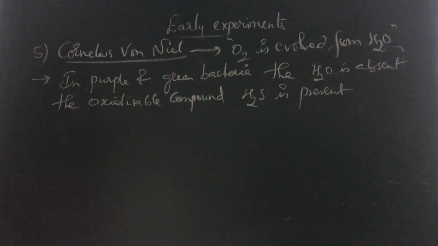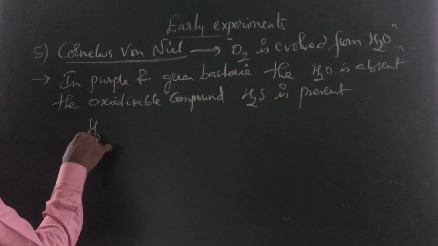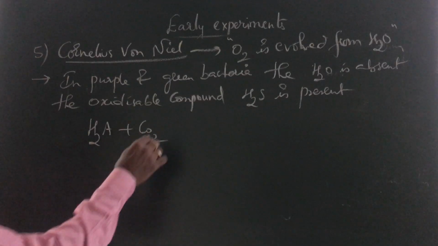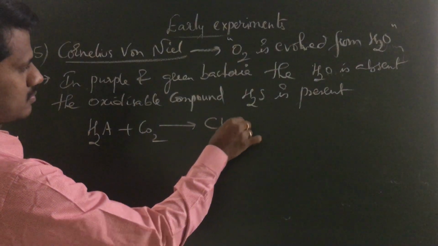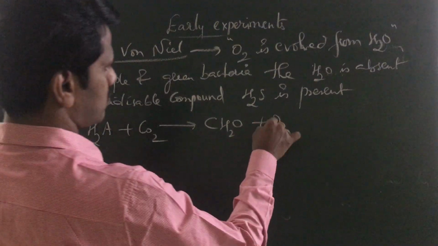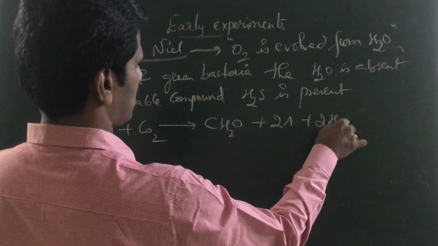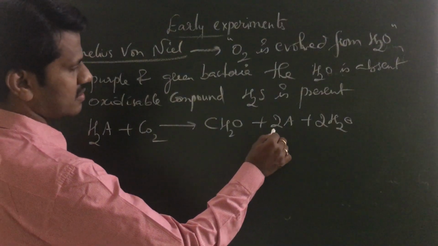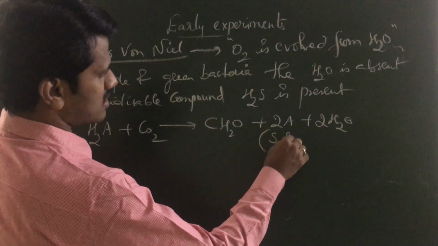Hydrogen sulfide is present. So here, if you see, H2A, carbon dioxide, CH2O, and water. There is no oxygen. The A indicates sulfur or sulfate.